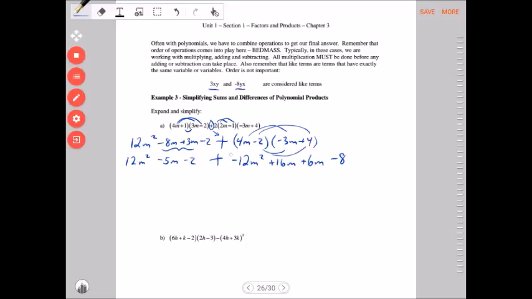Now, very technically, those square brackets are the parts separated by the plus sign. A plus sign really doesn't change anything because plus a negative is still a negative, and plus a positive, we're still adding. So not a big deal. Let's just do some simplifying: 12m squared minus 5m minus 2 plus negative 12m squared plus 22m minus 8.